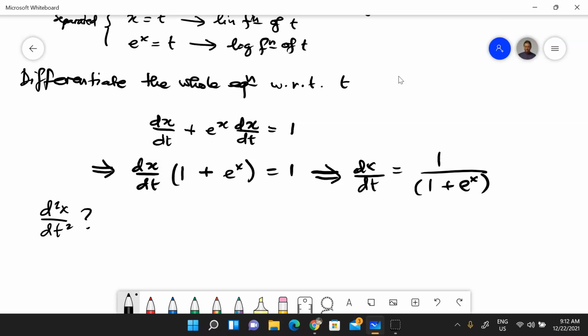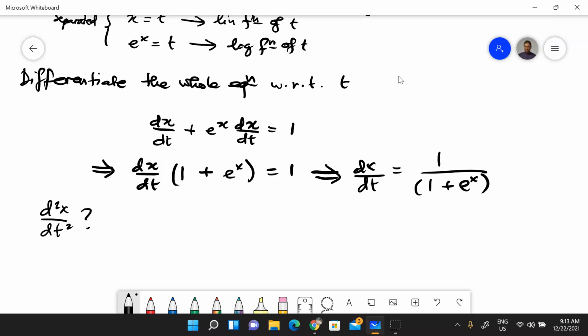Even if we have already found this, we still do not know unless you integrate this and find the function x as a function of t. Then no, you still can't do it the way we normally do it.